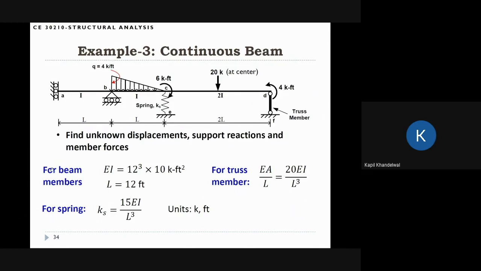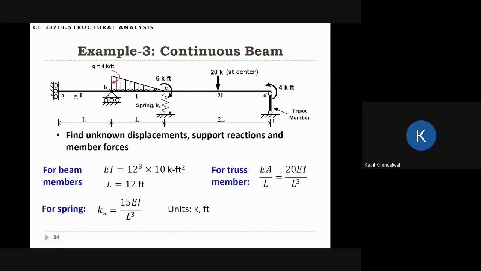Okay, and the span length for AB is L, for BC the span length is L, and for CD the span length is 2L. So the length is changing. And again, the moment of inertia of the cross section is also changing in different spans.